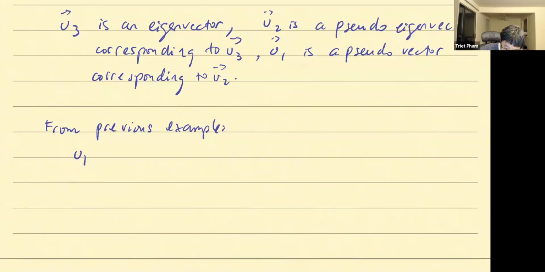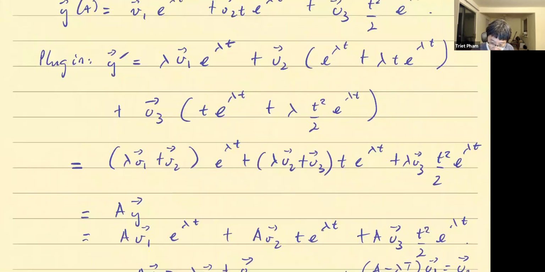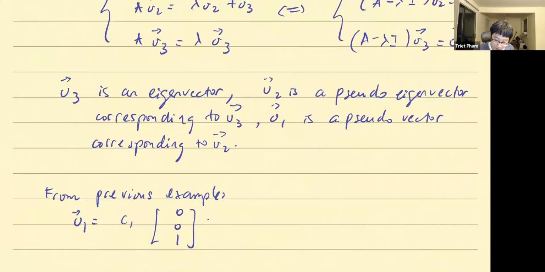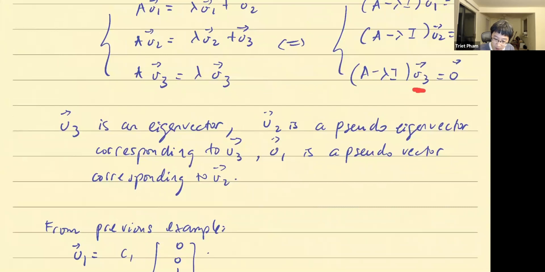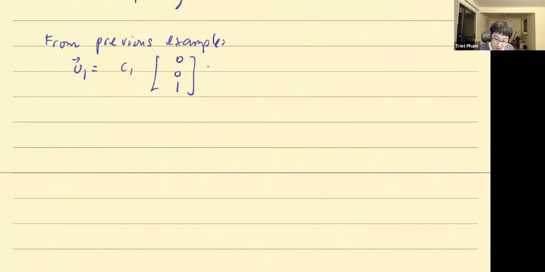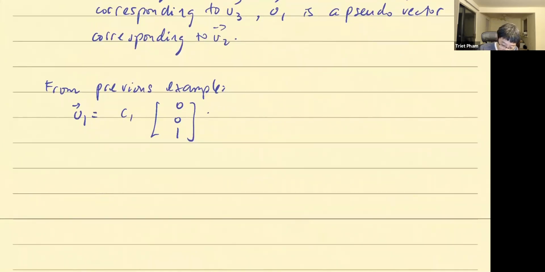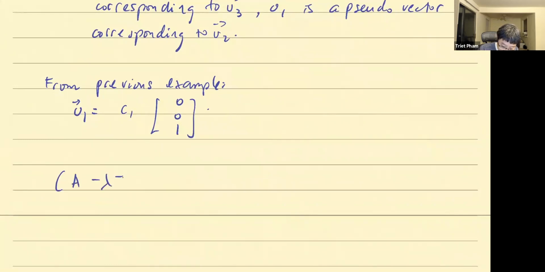So I have v1 equal to c1 times 0, 0, 1. So this suggests, right, that starting with this, I need to plug it into the right-hand side. So the next level will be A minus lambda I, v2 is equal to v1.